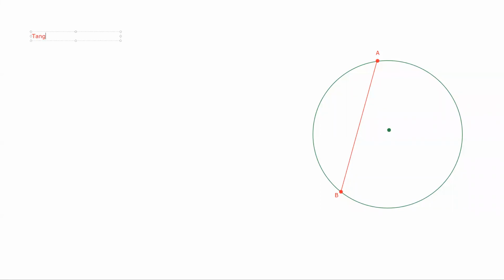So if we have a tangent chord scenario that forms an angle, for instance, let's get some examples on here. We could have that right there. Point A is our tangent point. Here is our tangent line, and here is our chord.